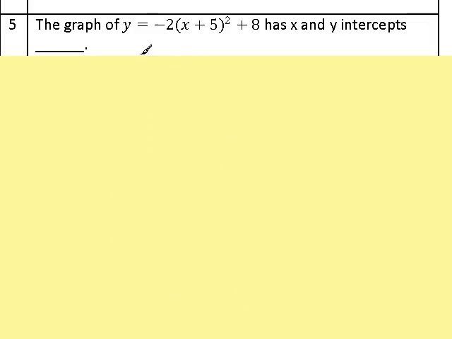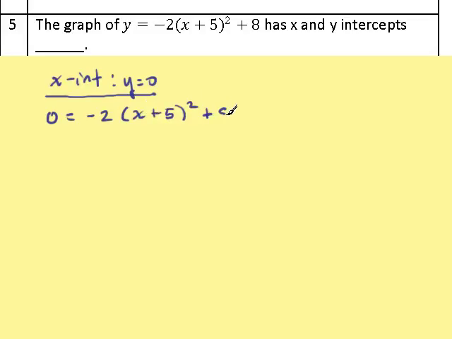And number 5, we have a quadratic equation in this form, and we want to find the x and y intercepts. So first, for the x-intercept, we'll set y equals 0. So that is 0 is equal to minus 2 times (x plus 5) squared plus 8. All right, let's put this on the other side.